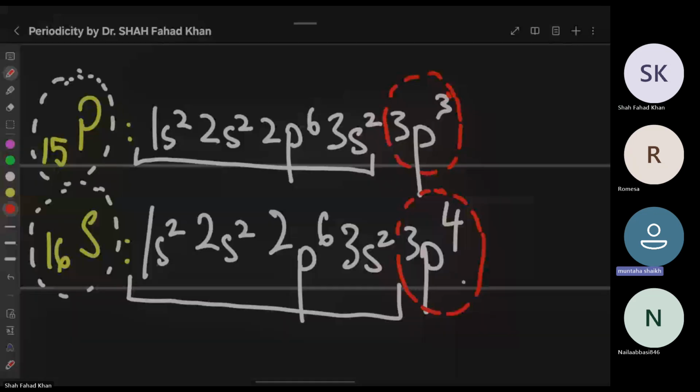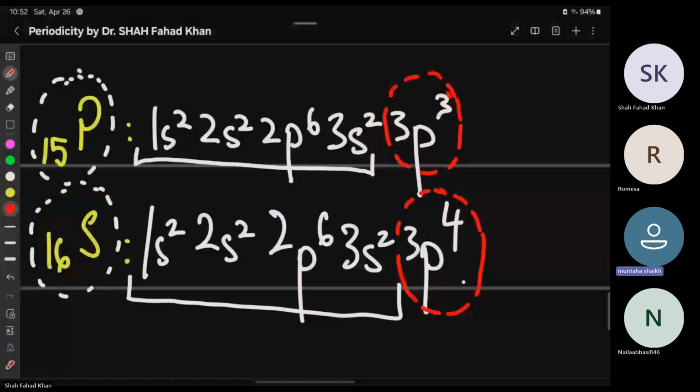Because of the number of electrons present in the outer shell. Come again. Is it because of the number of electrons present in the outer shell? What does that have to do with the ionization energy? Can you elaborate a bit? The lesser the number of electrons, the more the shielding effect.